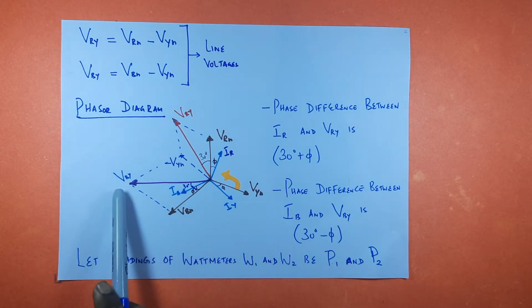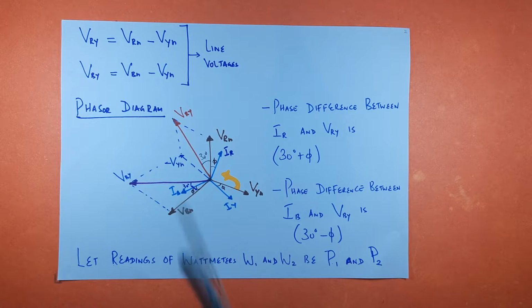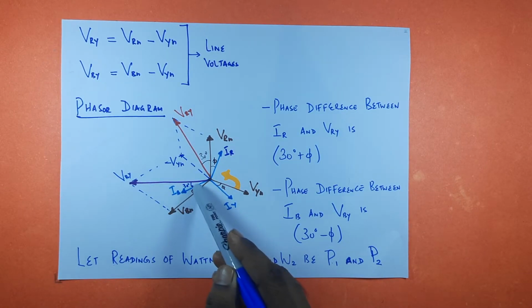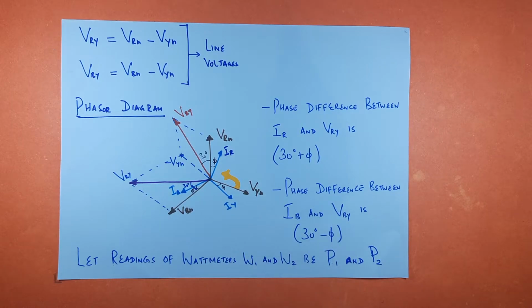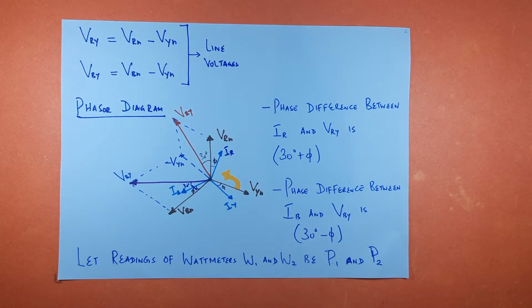Similarly, the phase difference between VBY and IB is actually 30, in that you have to subtract phi. The phase difference between IB and VBY is 30 degrees minus phi.